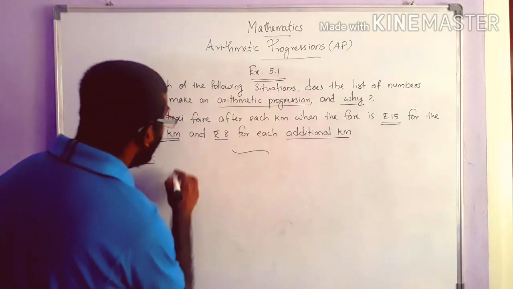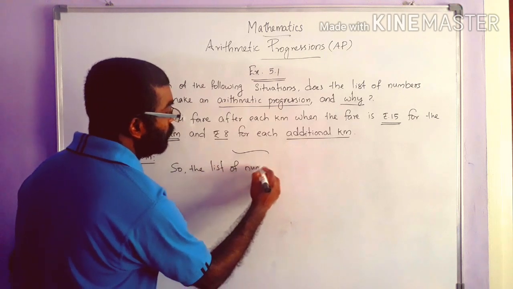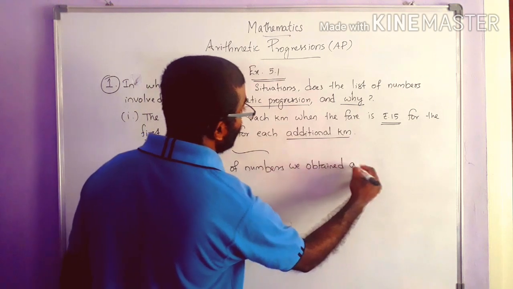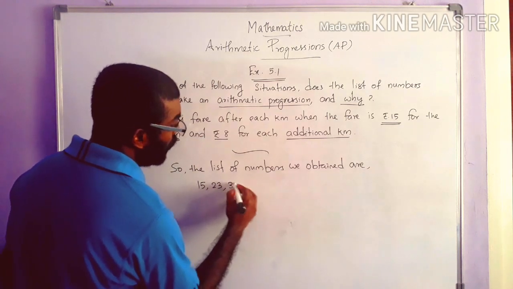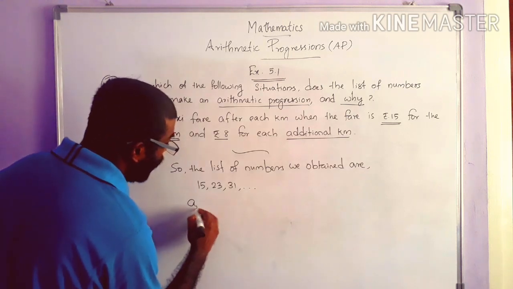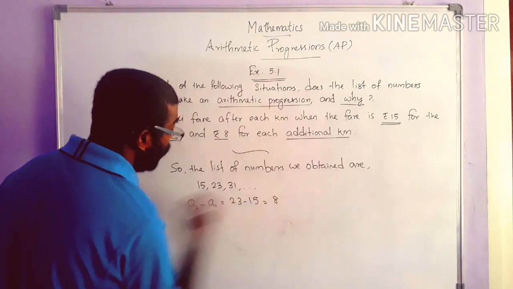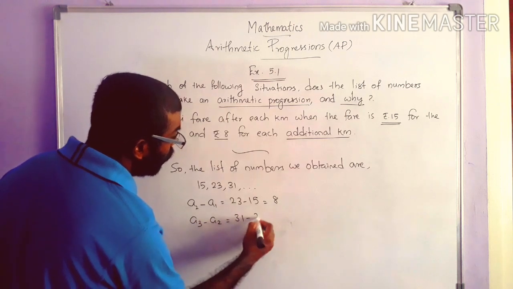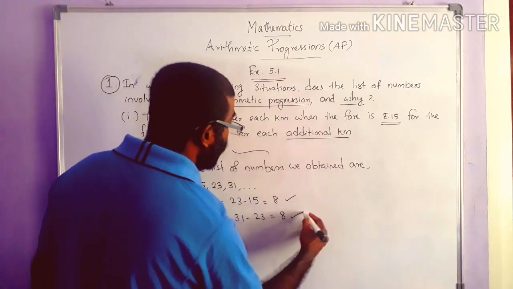So the list of numbers you obtained is 15, 23, 31, etc. So A2 minus A1 is equal to 23 minus 15, which is equal to 8, and A3 minus A2 is equal to 31 minus 23, which is also equal to 8. That means the difference is common.